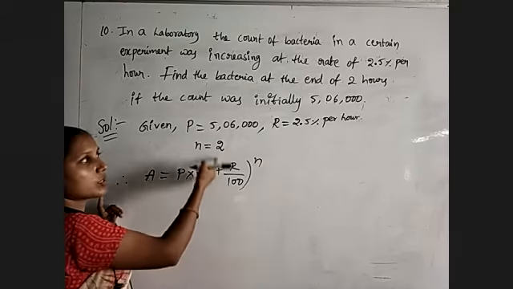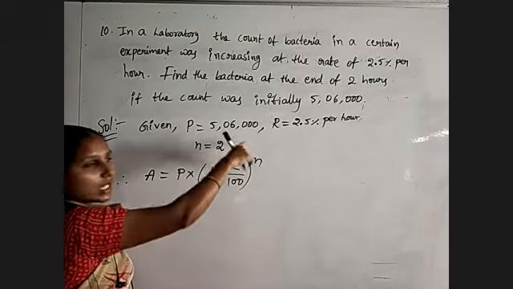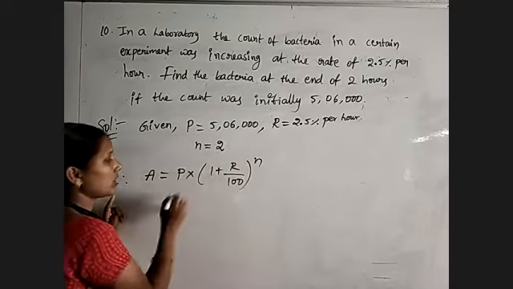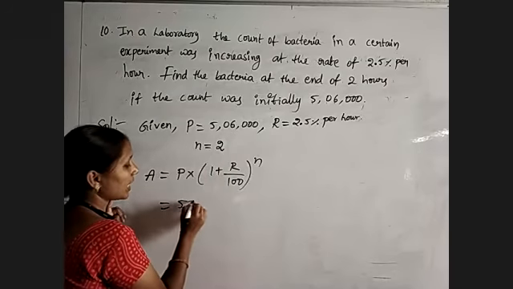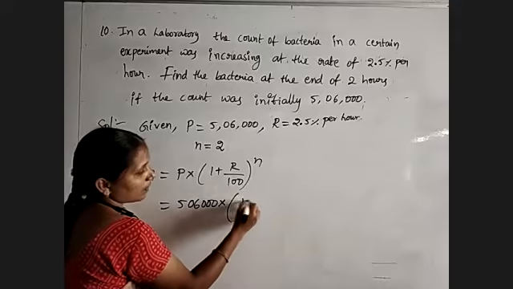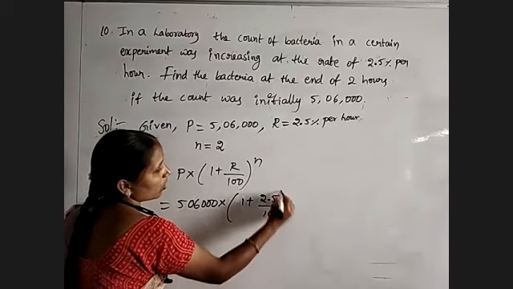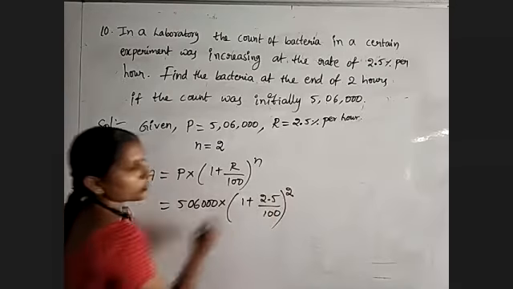So here no need to change R and N. Whatever values we got here, we substitute: P is equal to 5,06,000 into (1 plus 2.5 by 100) whole to the power of 2.